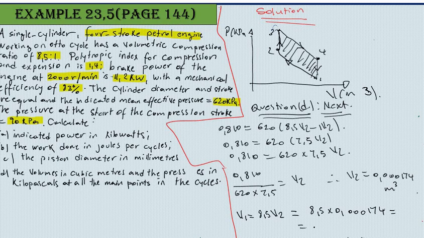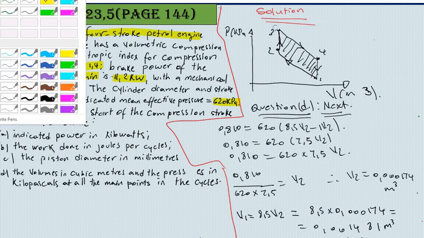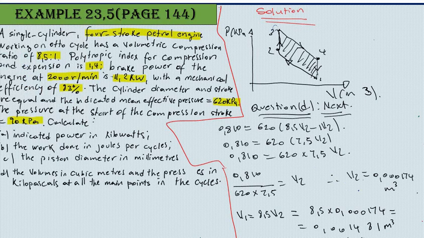So I get 0.001481 cubic meter. So that is V1, and that is V2.